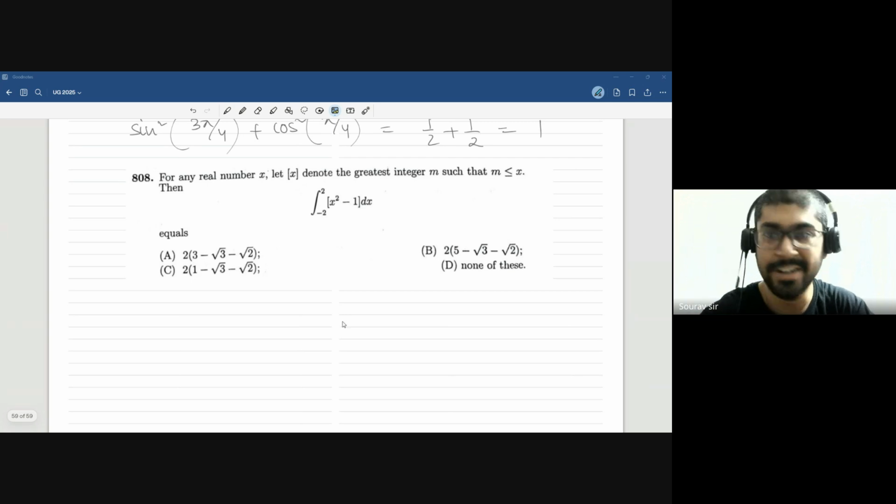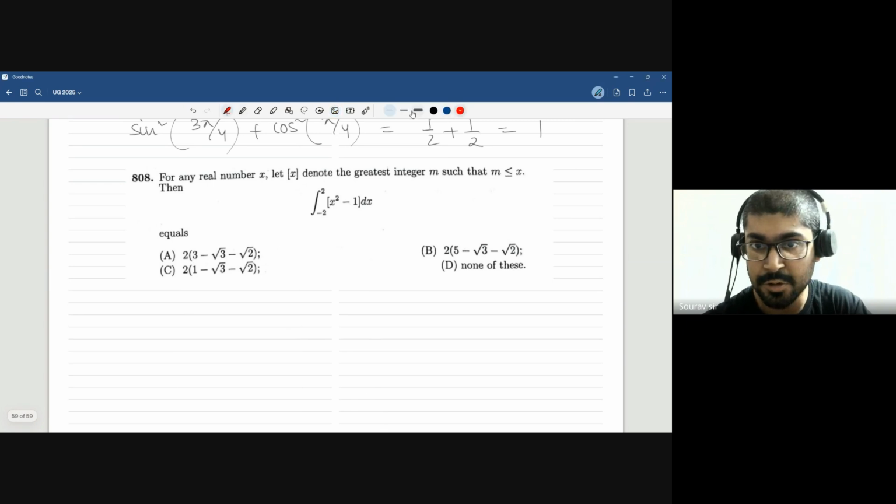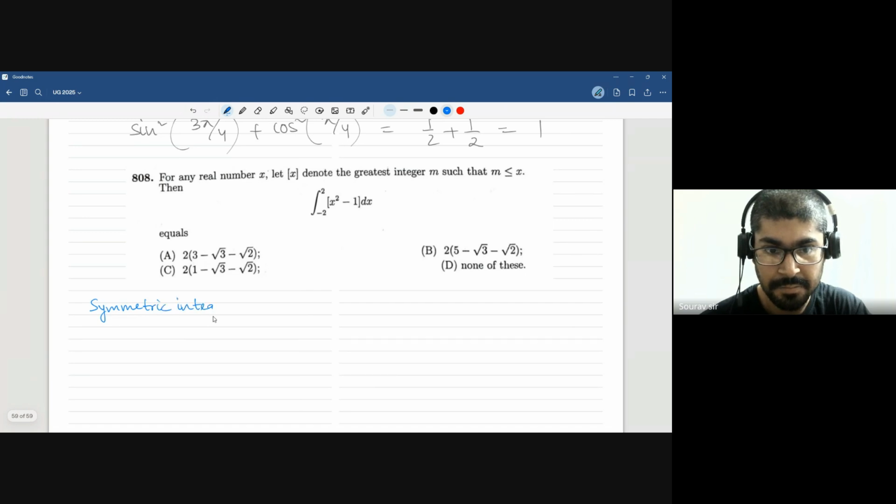The first hint that you will need is something that you have studied before, but we'll revise that. This is the property of symmetric integrals. Symmetric integrals are of the type integral from minus a to a of f(x) dx.